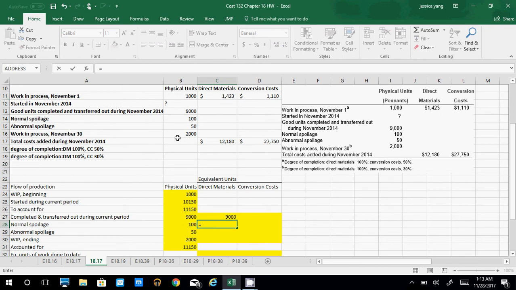To find normal spoilage, I would take 100 physical units in normal spoilage and multiply it by 100% of direct material, which gives me 100 equivalent units in direct materials. For abnormal spoilage, I would take 50 physical units under abnormal spoilage and multiply it by 100% direct material.